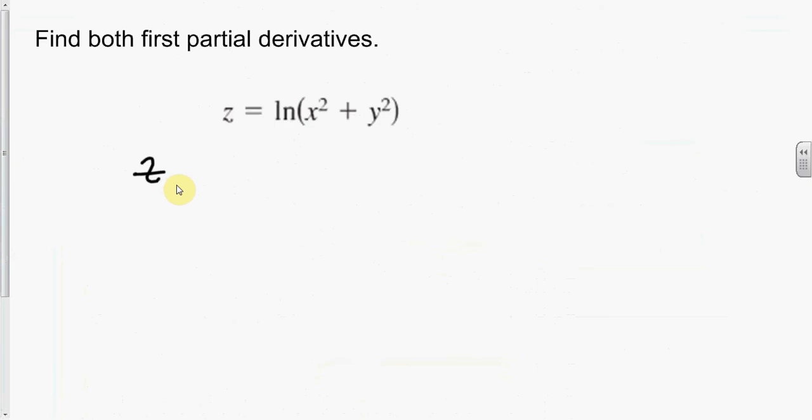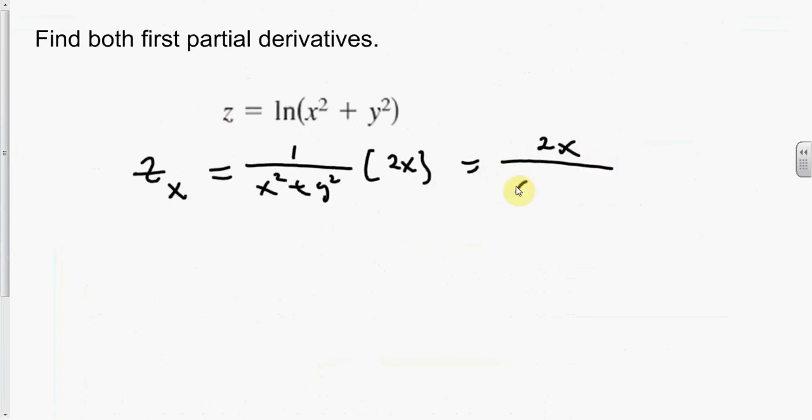So take the partial of z with respect to x. This becomes 1 over x squared plus y squared, times the derivative of x squared plus y squared with respect to x, that's just 2x. So this is just 2x over x squared plus y squared.